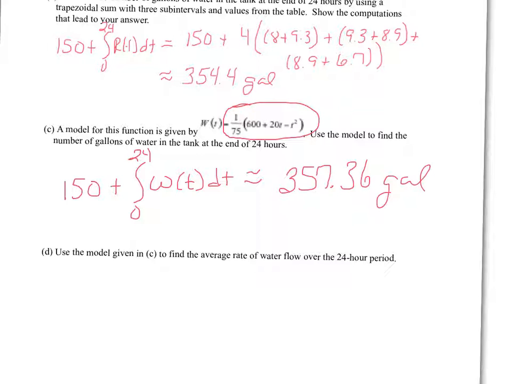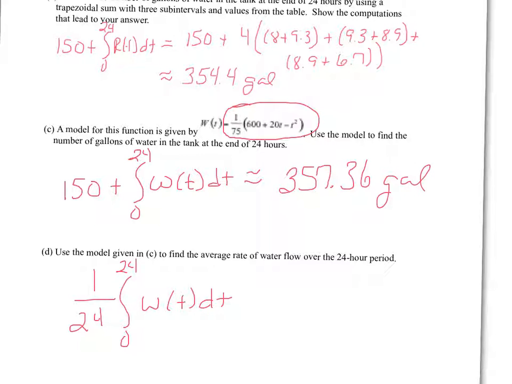It says use the model to find the average rate of water flow over the 24-hour period. Are we concerned with how much water is in the tank at the beginning? No, because we just want the average rate of flow. So how are we going to do that? Would it be 1 over b minus a times the integral from a to b? Mm-hmm. 1/24 times the integral from 0 to 24 of W of t dt.